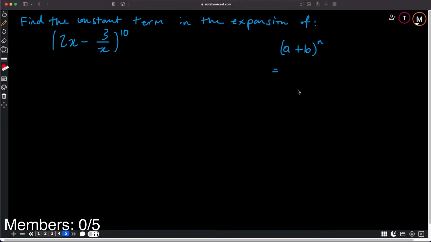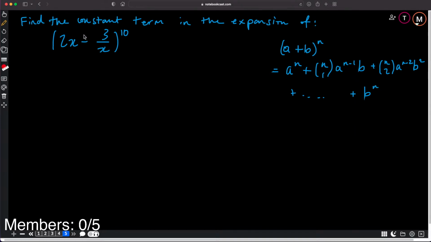It says that if we expand a binomial to the power of n, this is going to be a to the n plus n choose 1, or just n, a to the n take 1 b, plus n choose 2, a to the n take 2 b squared, and so on, all the way up to b to the n.